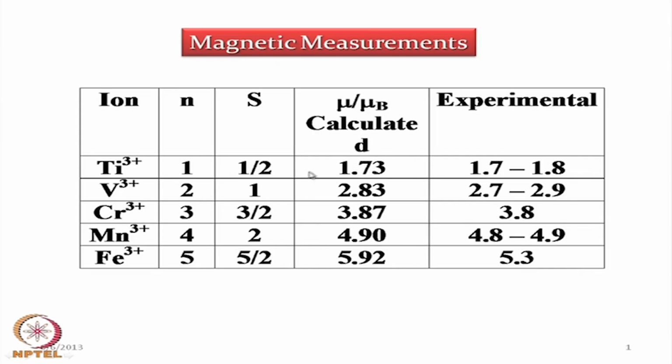theoretically predicted calculated magnetic moment values compared with our experimentally determined values, then only we can assume that there is some mechanism operating which can either increase or decrease the magnetic moment that we predict from these theoretical calculations.